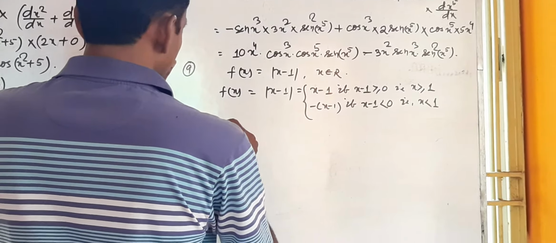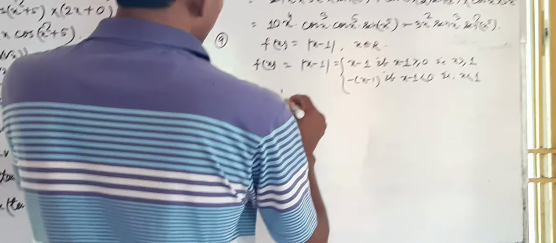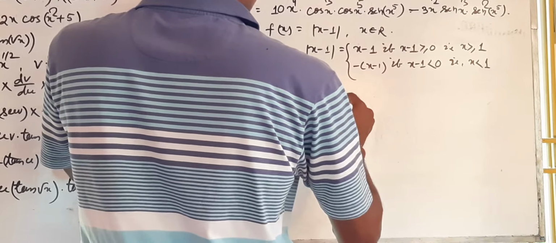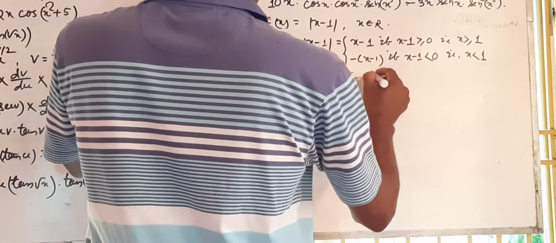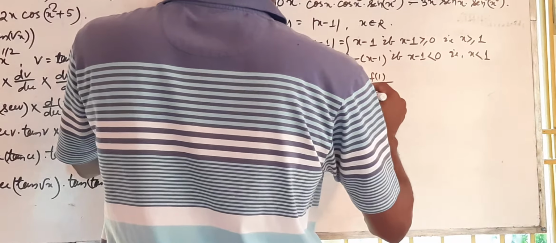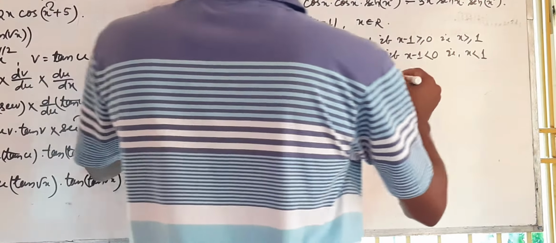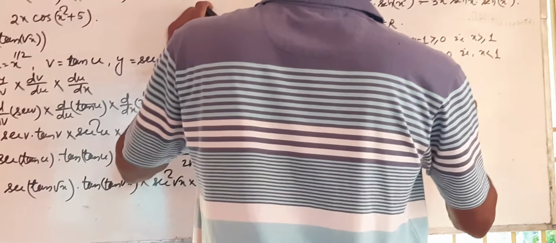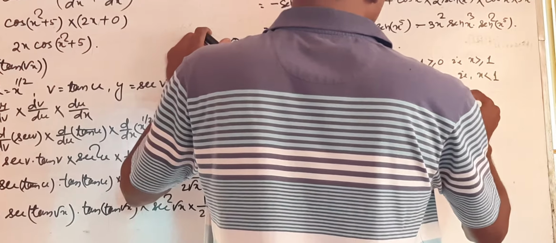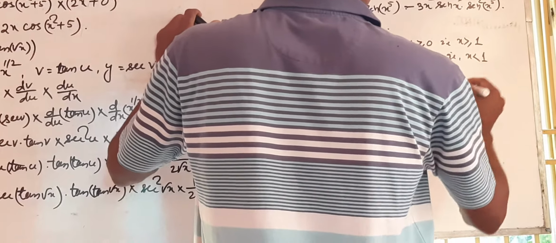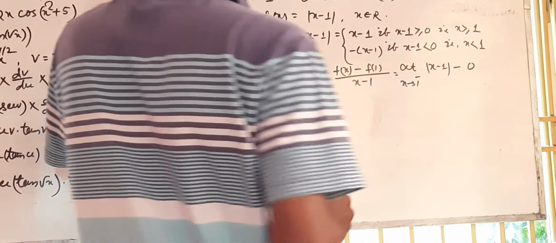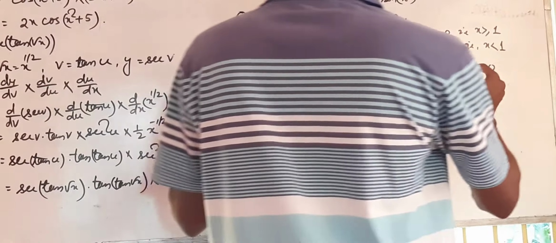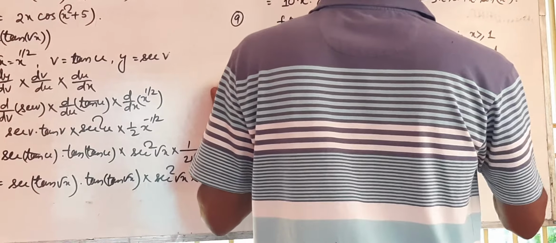Now L f dash of 1. So L f dash 1 means limit x tends to 1 minus, f of x minus f of 1 by x minus 1. Now it is limit x tends to 1 minus, f of x is mod x minus 1, minus f of 1, f of 1 is how much? 1 minus 1, 0, by x minus 1.